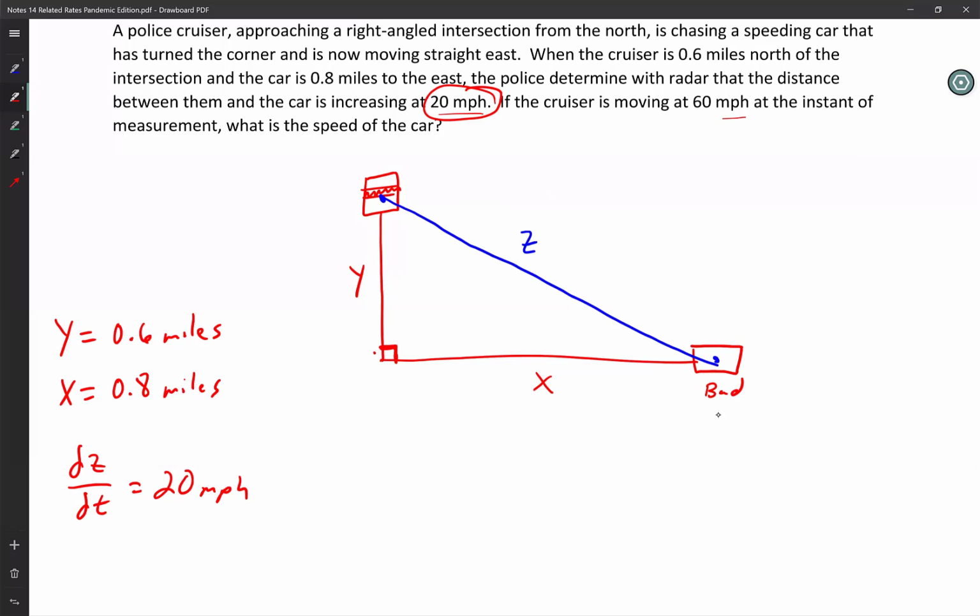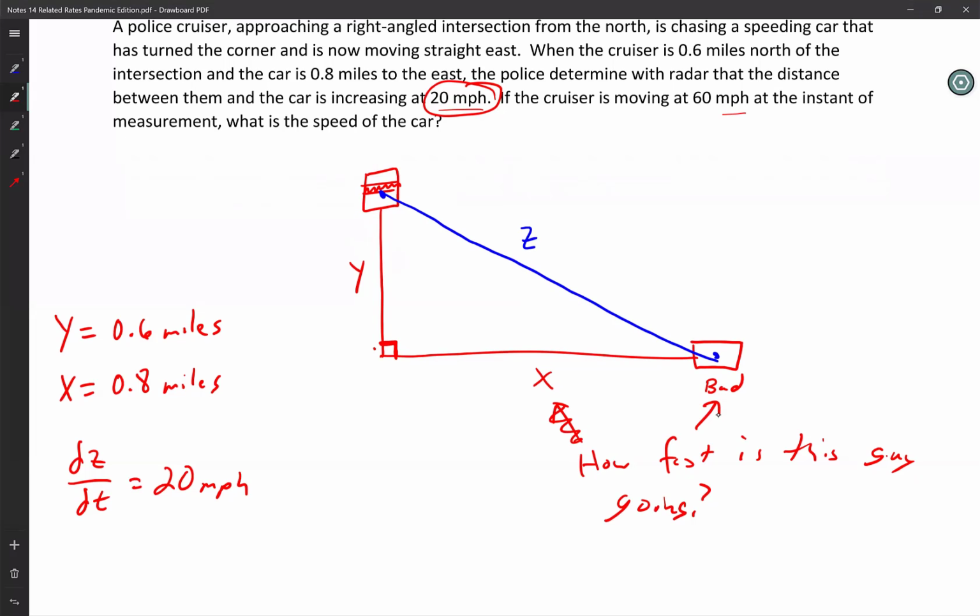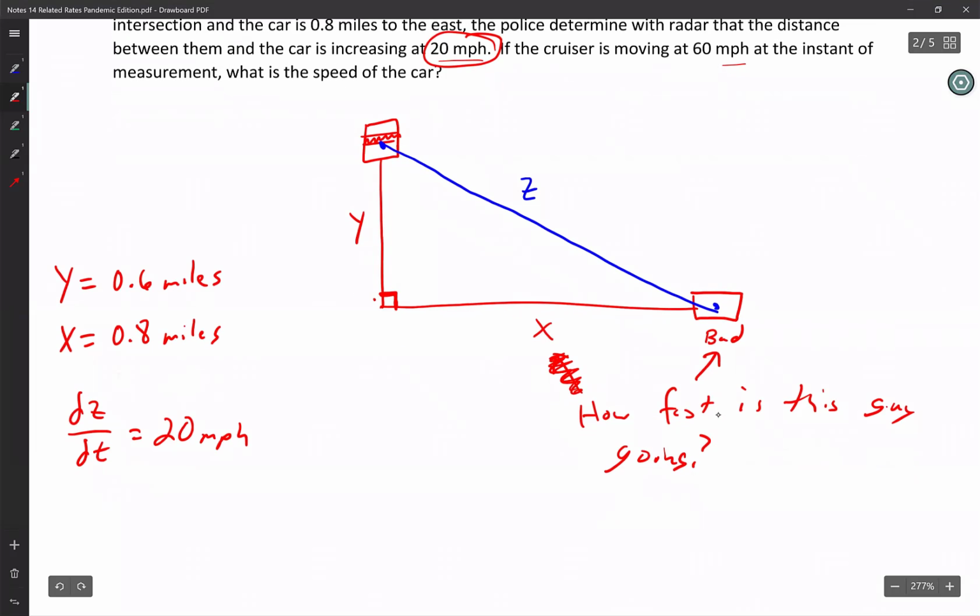To solve this question, I need to figure out, what do they want? What is the speed of the car? They want to know how fast this guy is going, the bad guy. So if I want to know how fast that guy's going, what do they want me to find then?